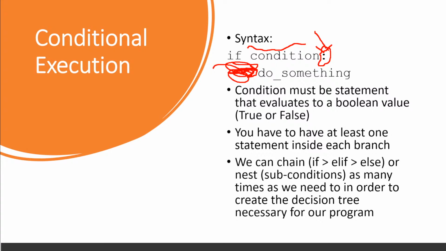So when you're done with what you want to include to be what happens if this is true, you backspace to get rid of the tab, to get rid of that space, to where you're back even with the word if.